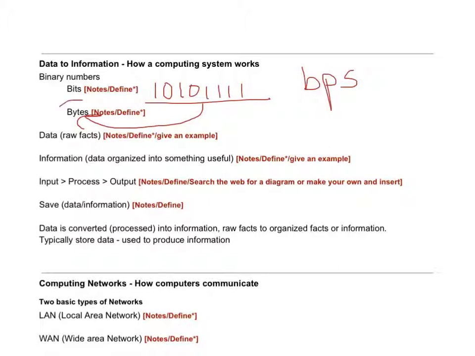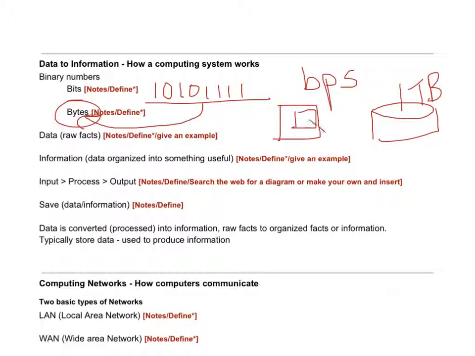And then bytes, we talk about storage, like on a hard drive, how many bytes, like 1 terabyte of storage. And then inside the computer we talk about memory, and you might have 4 megabytes of memory.